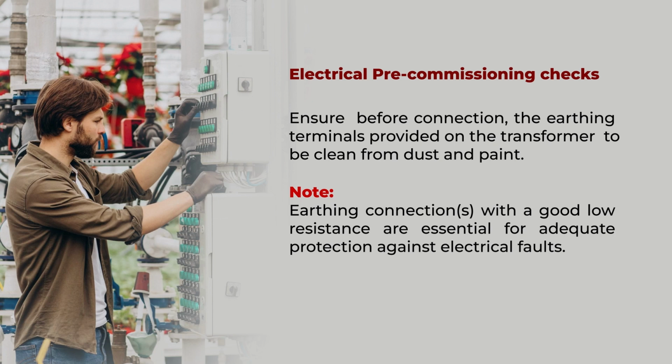So one has to ensure that on the earthing terminal the paint should not be there, and one has to remove the paint before connection of the earth terminal, so that the proper continuity with the earth is there. Earthing connections with a good low resistance are essential for adequate protection against electrical faults.